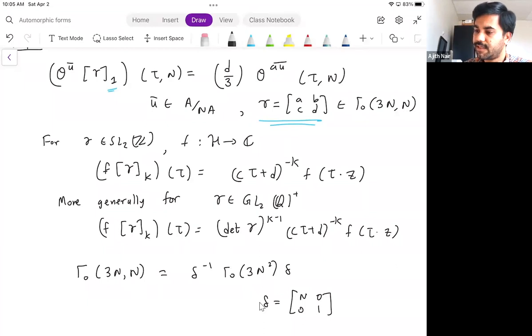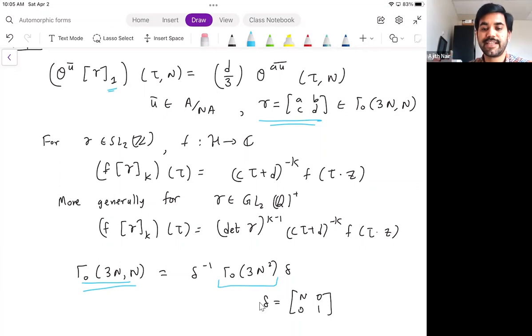So the point is that it is easier to first show the transformation property for this subgroup Gamma naught 3n comma n, and then we will conjugate it and get the transformation property with respect to Gamma naught 3n squared.